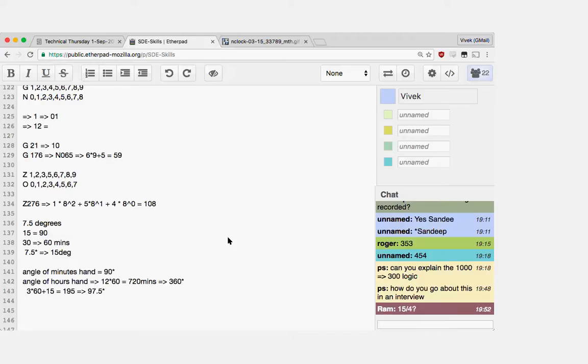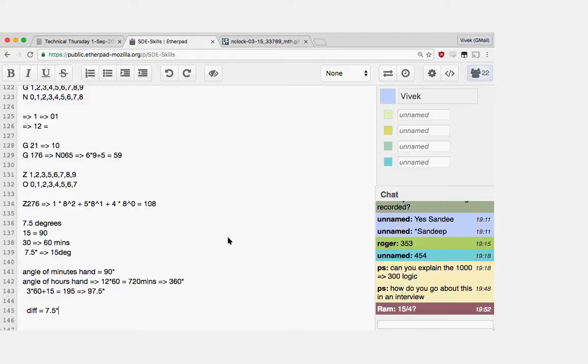So the angle between the two will be equal to this. Whichever way you take it, it's the same equation. The only thing to note is that sometimes the angle can be more than 180 or less than 180, depending on how you see it. So if it's more than 180, you just have to do the reverse.